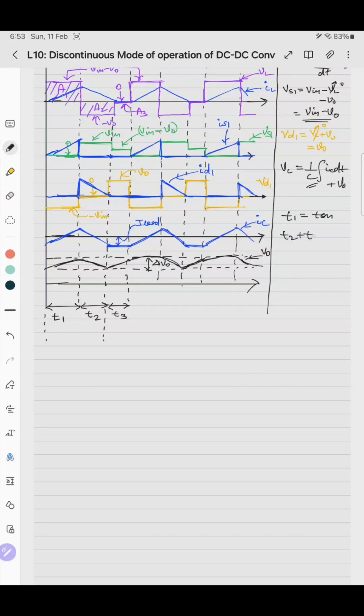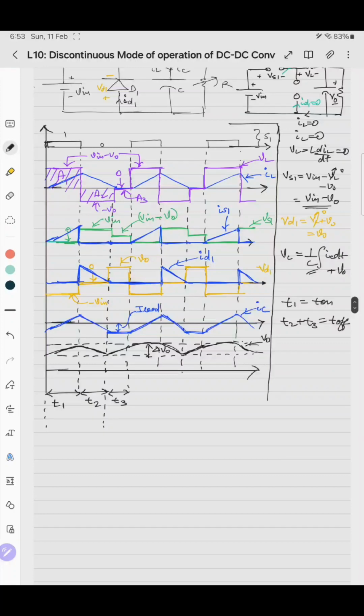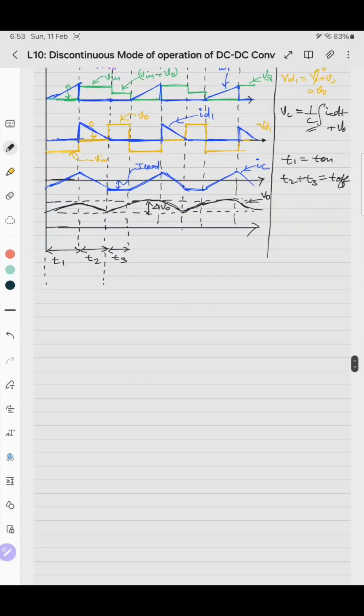Now T2 plus T3 was supposed to be our T off, because this whole T1 plus T2 plus T3 is the T switching. I'll write like this: T off, and this is the whole T switching. So this is the case.